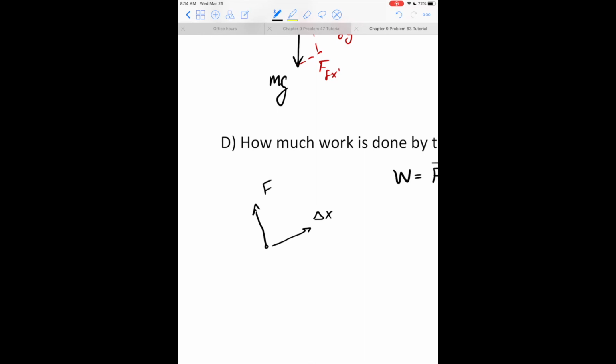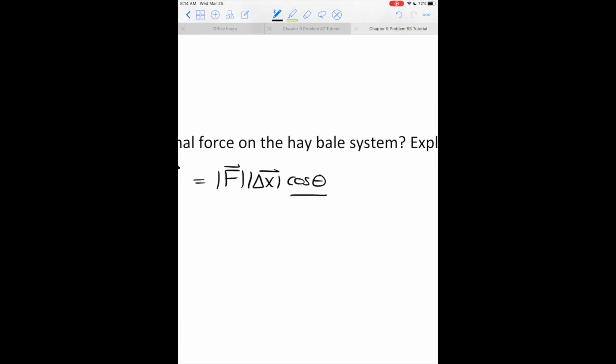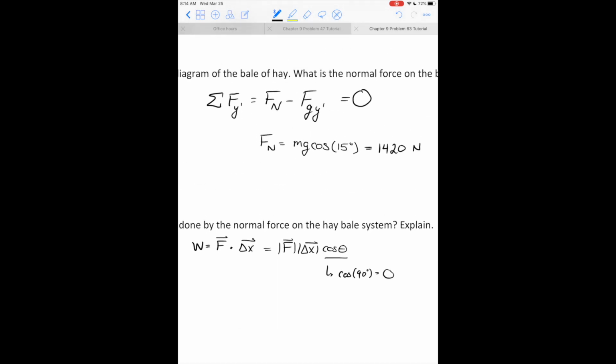So if we think about this, I am displacing up my slope, my incline, and then my normal force is normal to the incline, right? It's at a perpendicular angle here, which means that for this cosine theta, what we're really saying is cosine of 90 degrees. Cosine of 90 degrees is 0. And so the work done by the normal force, let's just write an N there, is 0.